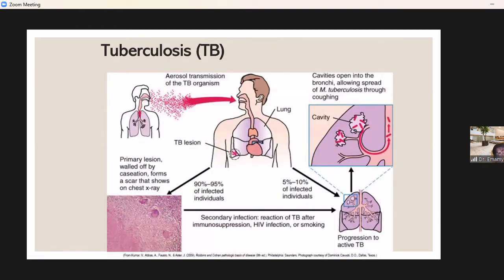Tuberculosis. A patient catches tuberculosis via respiratory droplets, either via sneezing, coughing, or talking. So a patient who has tuberculosis, most likely active tuberculosis, can disseminate it to another patient. Some people show active tuberculosis.